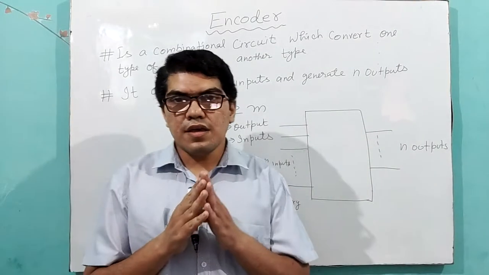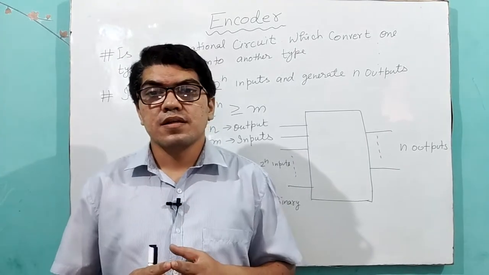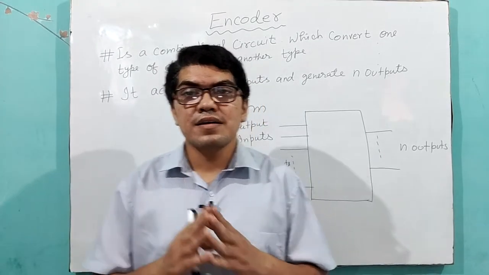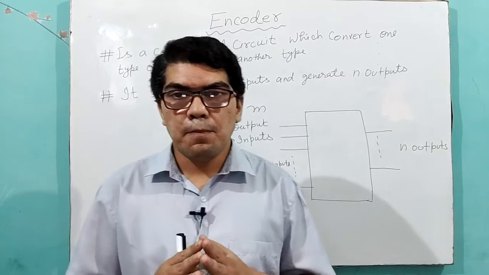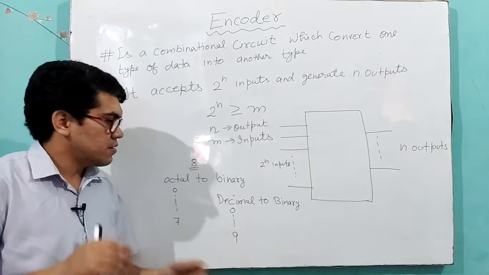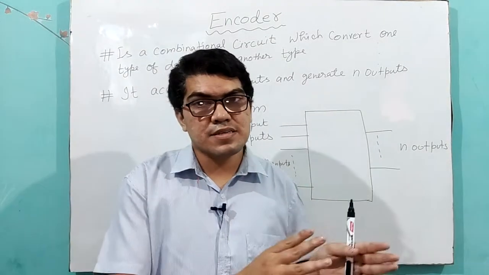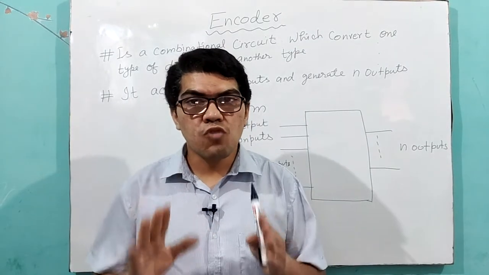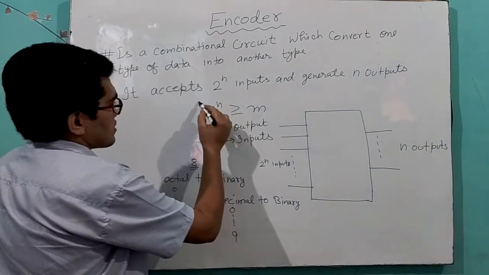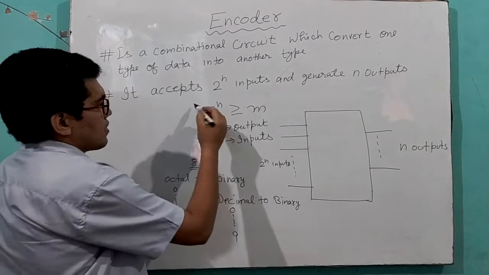Up to 7 I can represent a number by 3 binary digits, but here the number of inputs is 10, so I cannot go with only 3 binary digits. I have to use 4 binary digits. So this is how you can understand it logically.